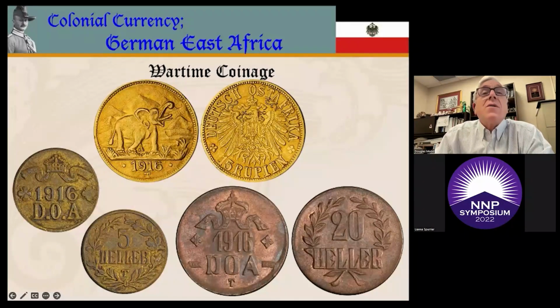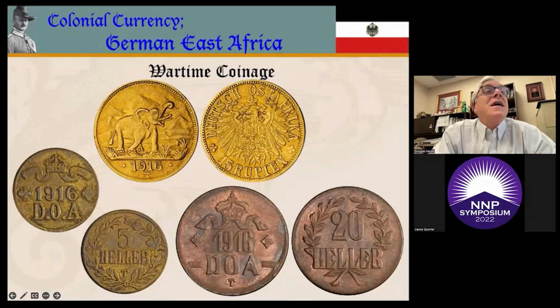The obverse of the gold coin depicts the crowned imperial German eagle with a circle of dots with Deutsche Ostafrika above and 15 Rupian below. On the reverse is a wonderful image of a trumpeting elephant with mountains for a background. I've always thought this image was perhaps a little crude, but extremely representative of what was going on.